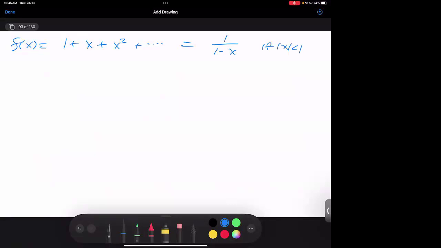One nice proof, and again, I'm not worrying about if things are rigorous, is f of x is 1 plus x times (1 plus x plus x squared plus dot dot dot). I just pull out an x from everything from the second term onward. Well, what is 1 plus x plus x squared and so on?